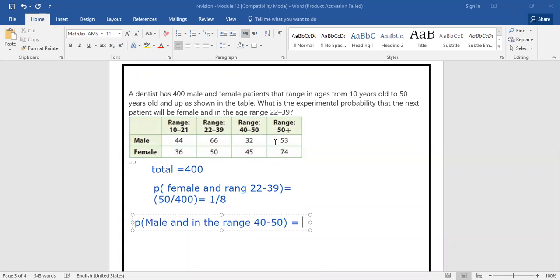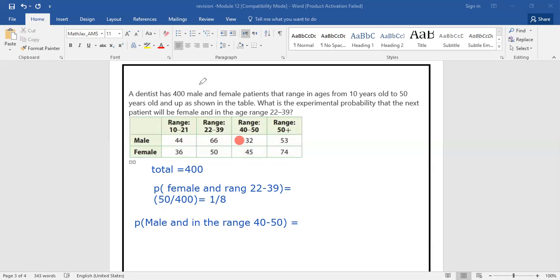We will find the intersection cell between range 40 to 50 and male. So where do we stop at the intersection? On 32. Range 40 to 50 and male.